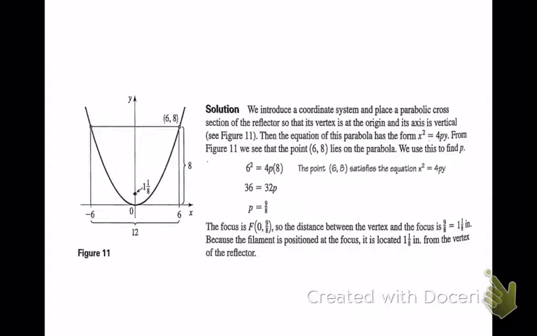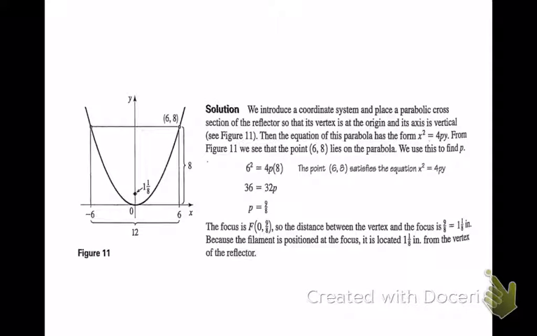We draw the parabola and put the vertex at the origin, and we know that this parabola is opening up. Its axis of symmetry is vertical. The equation of a vertical parabola is x squared equals 4py.